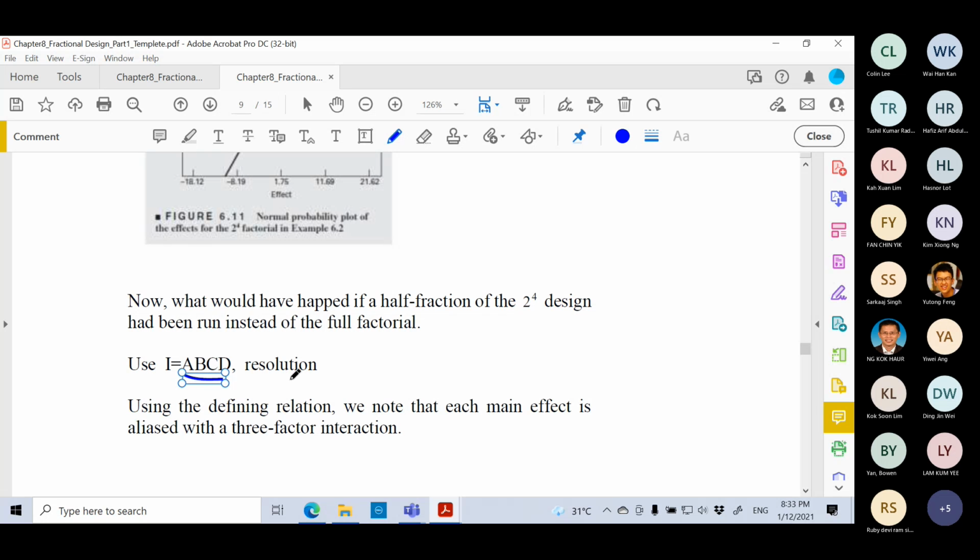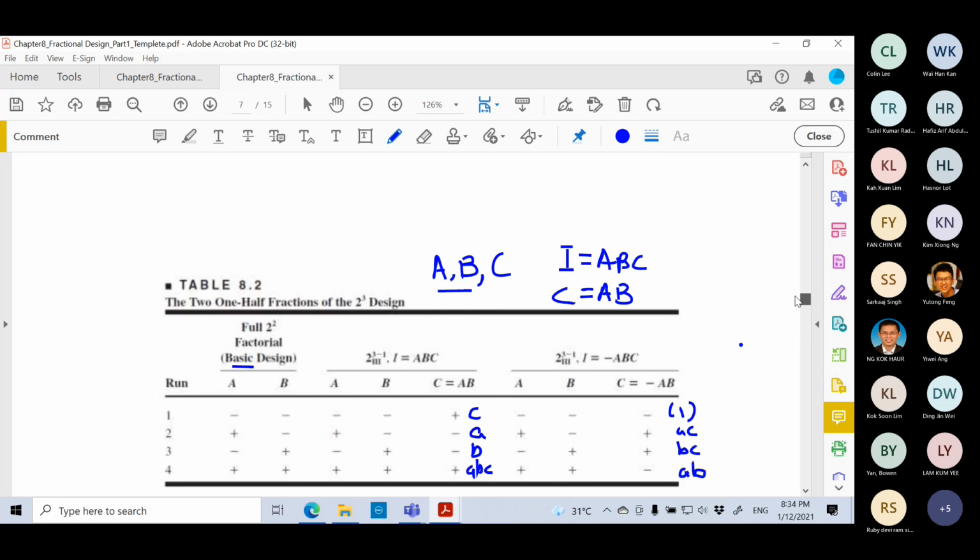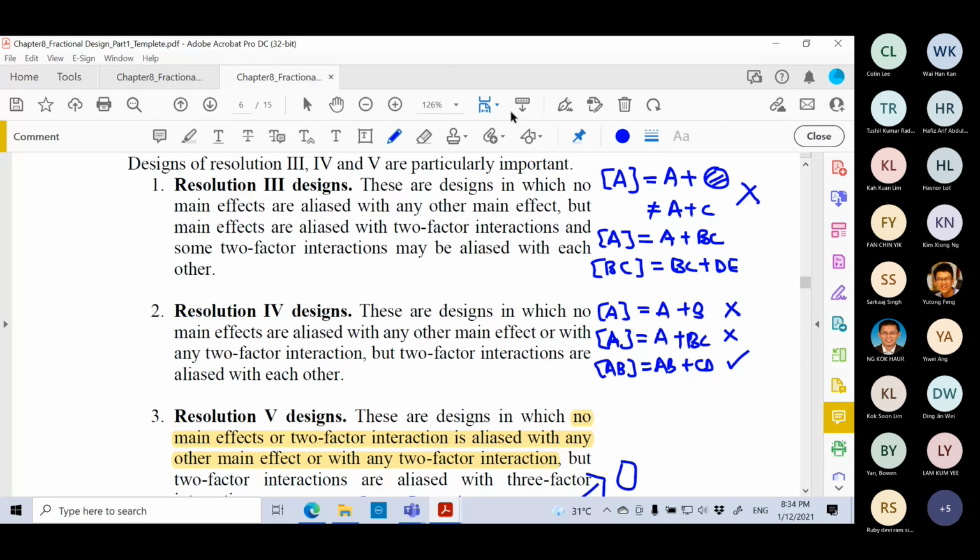ABCD means that the resolution is equal to resolution 4. This will be the resolution form. Of course, using the defining relation, we need to write down all the aliases. If we are in resolution 4, it means that no main effect is aliased with any main effect or two-factor interaction, but the two-factor interactions are aliased with each other.